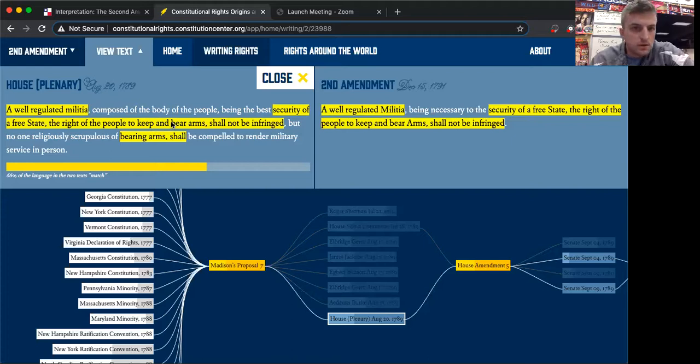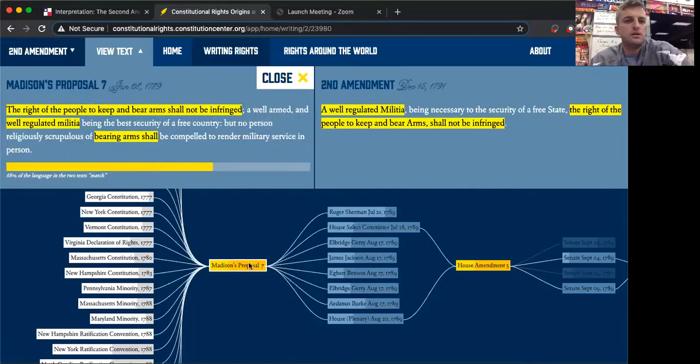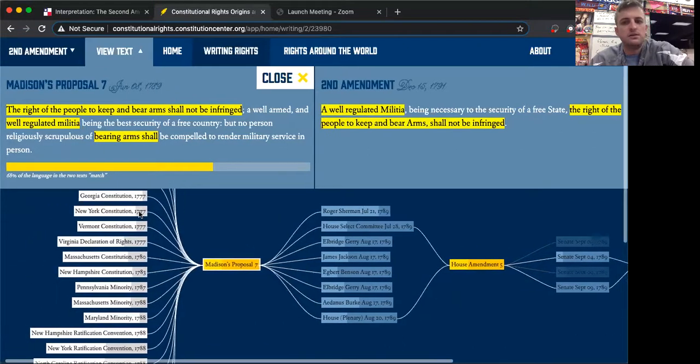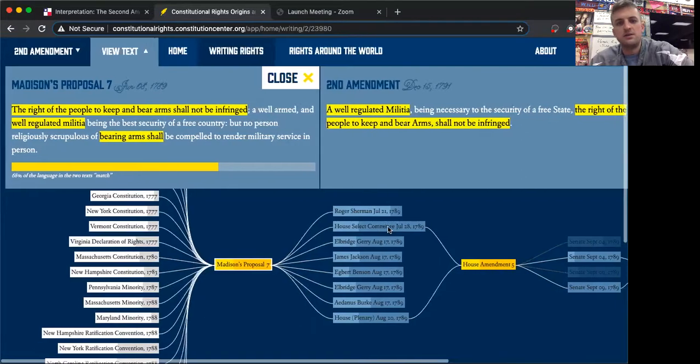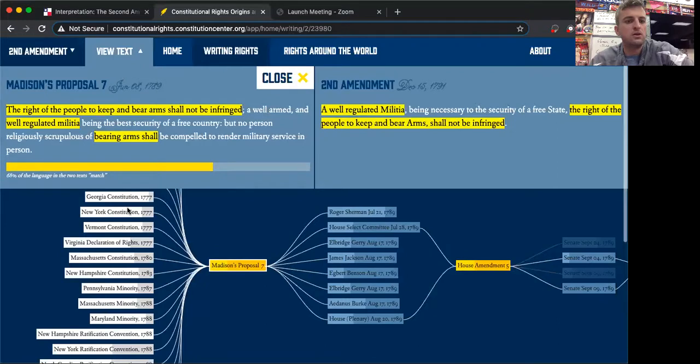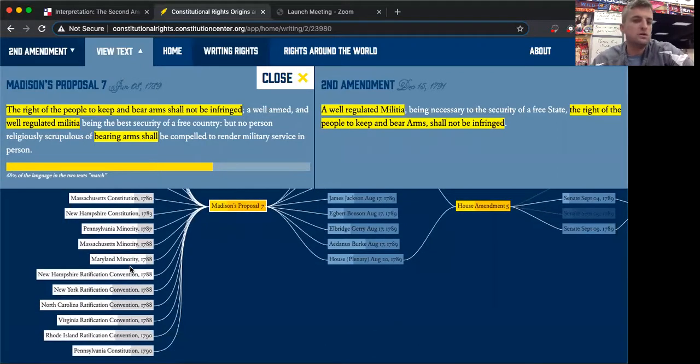There you go. And then what you can do is look at, it's essentially a timeline, going from the actual Second Amendment, December 15th, 1791, you can actually go back and look at other state constitutions.